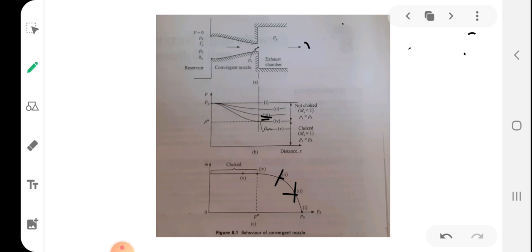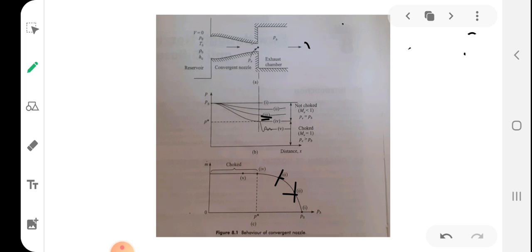So in the third figure you can see a much more decrease in pressure in that particular third curve. Okay.